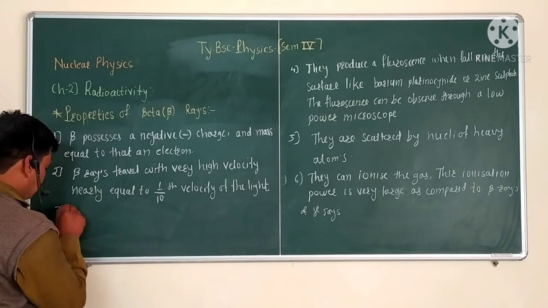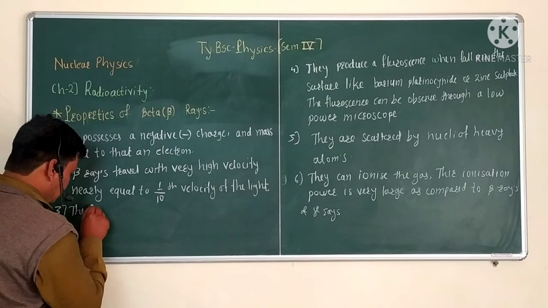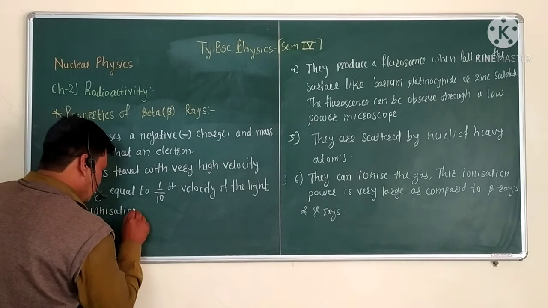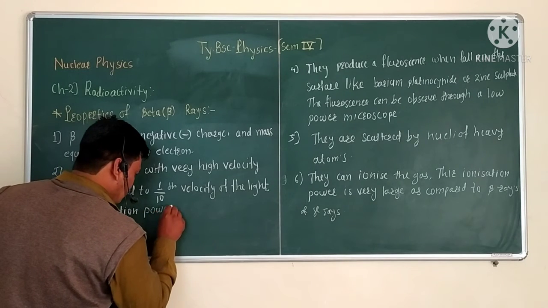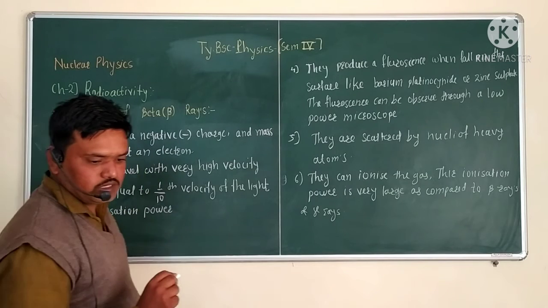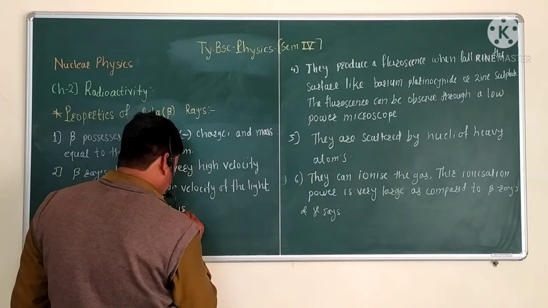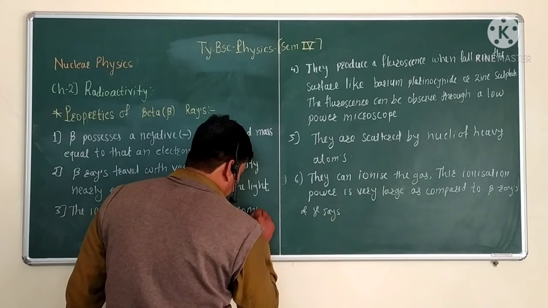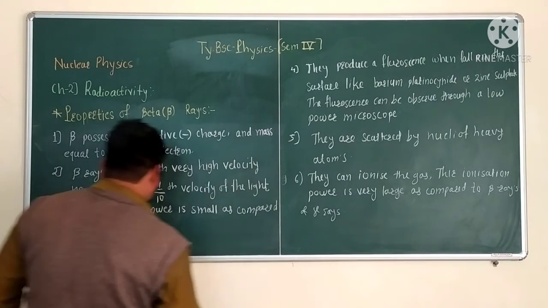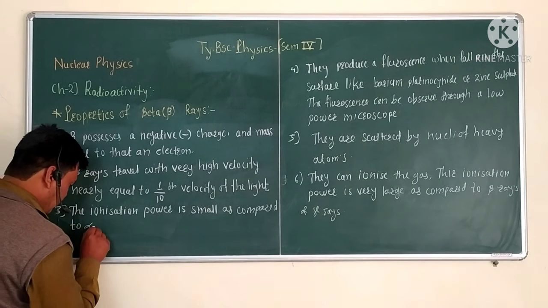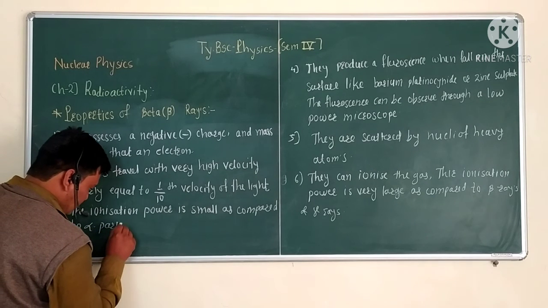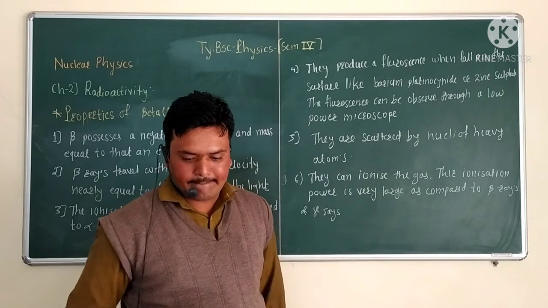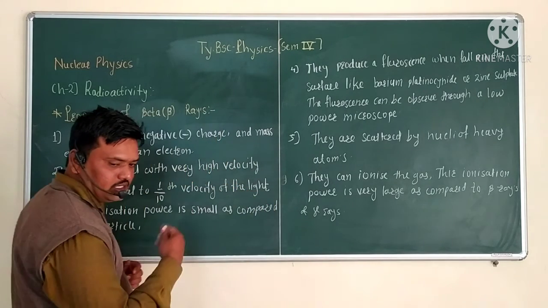So the third property, the ionization power is small as compared to the alpha particle, and hence they have long range.